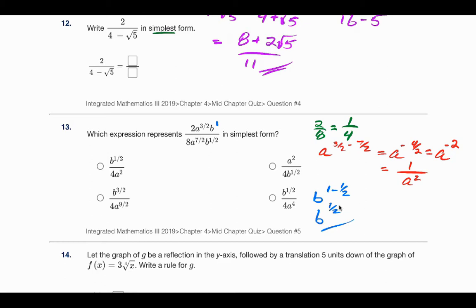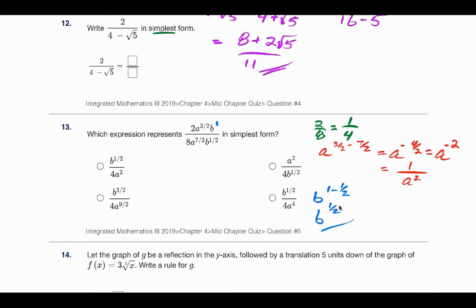So now I'm going to put everything together. I have a 1 on top for that one, and on this one I have b raised to the 1/2.